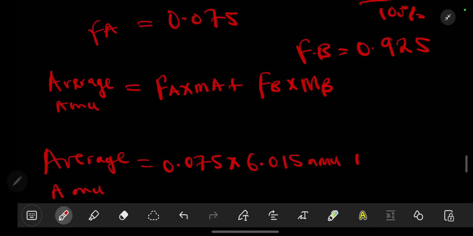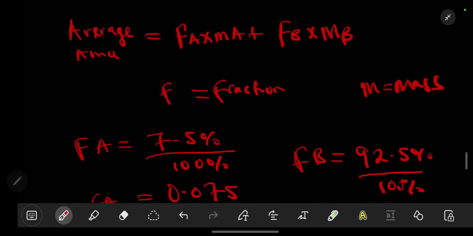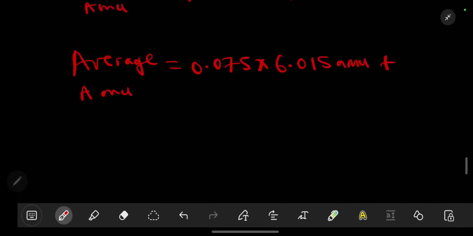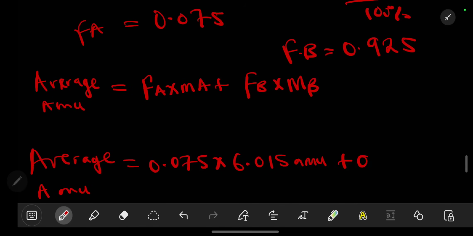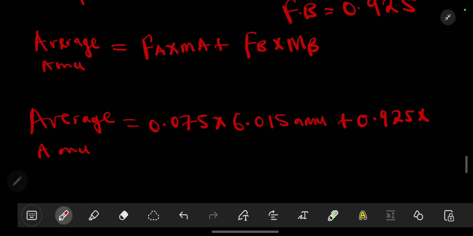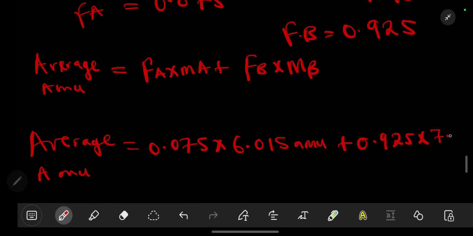Then we add it plus the fraction of B. This is the easiest way. Plus the fraction of B, which we found to be 0.925, times the mass of B, which is 7.016. So we get 7.016, and we can just add atomic mass units.